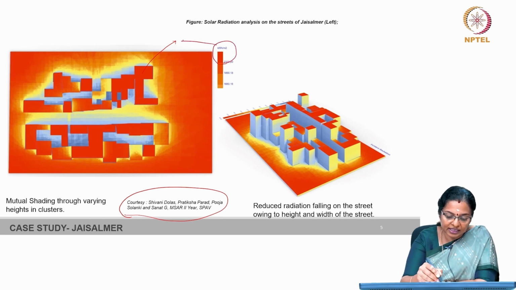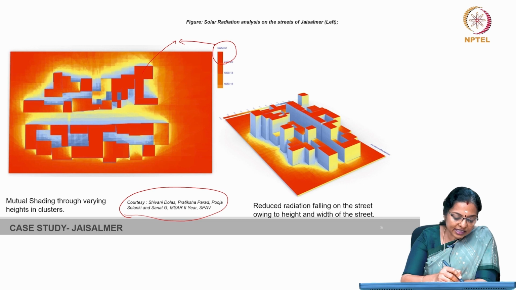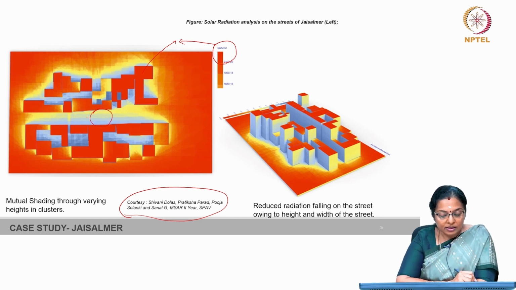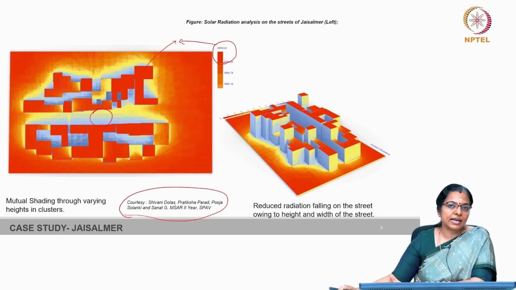But the streets remain cool, because the streets are mutually shaded due to the high residences or havelis, as they call, along the sides of the roads.